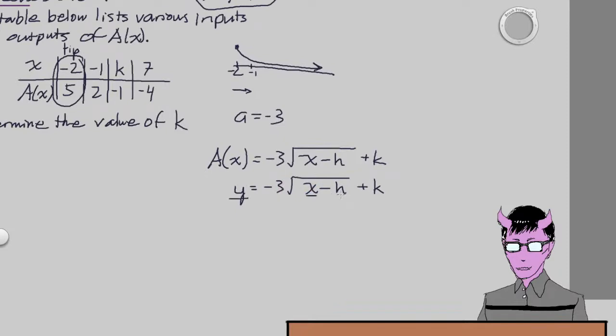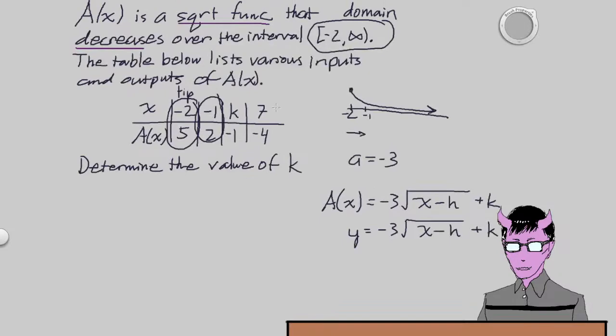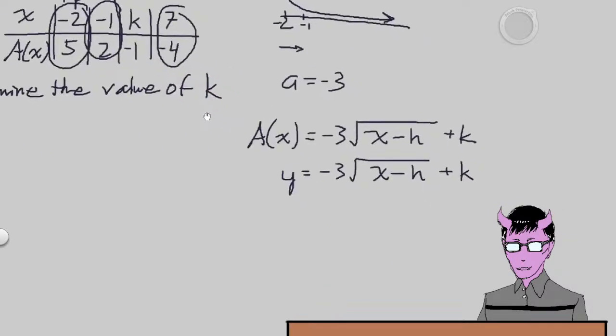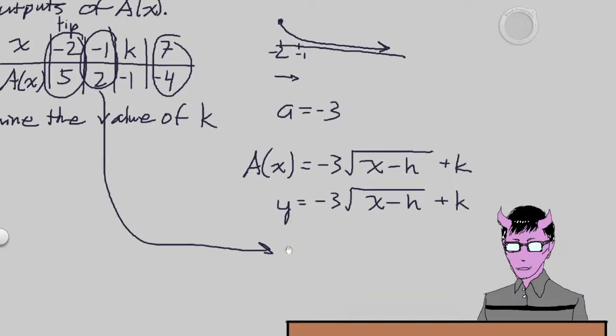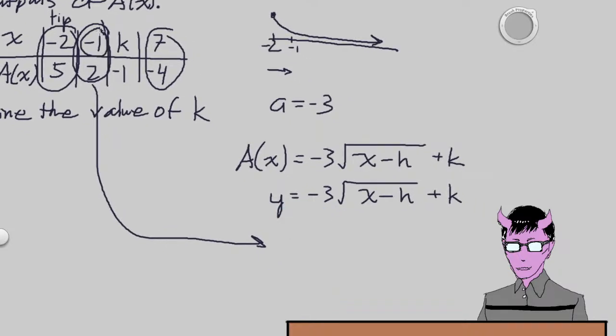So we have 1, 2, 3, 4 letters, but remember, every single point that you can use provides xy coordinates. So this one, you can plug that in into your situation. So if x value is negative 1, y value is 2, you can thereby generate this single equation first.